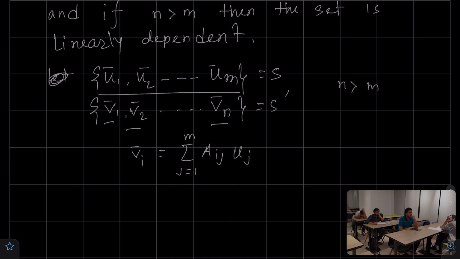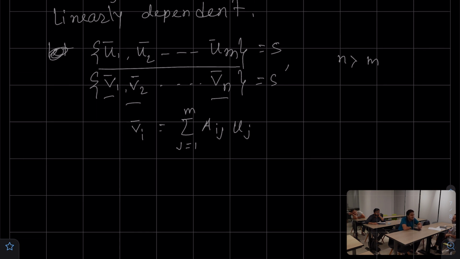Linear span of a subset is the vector space spanned by the set S, which contains all possible linear combinations of that set.